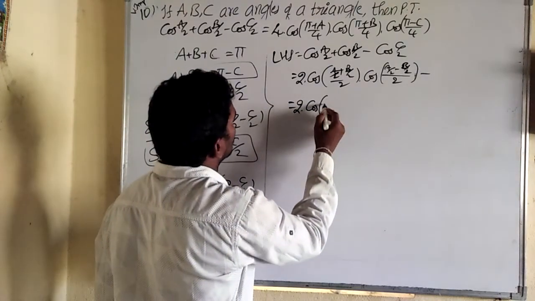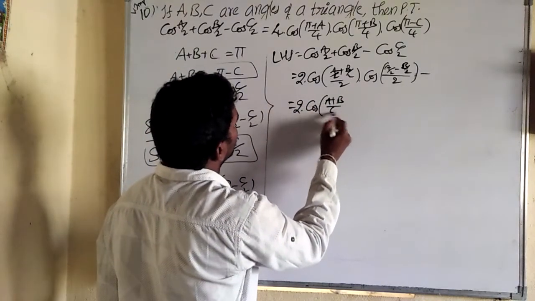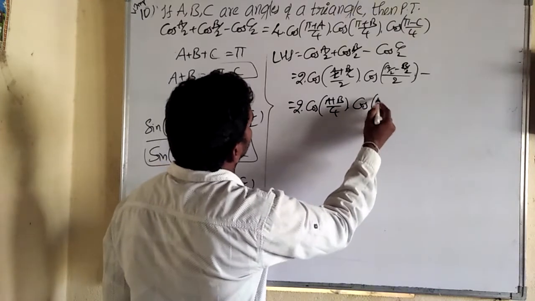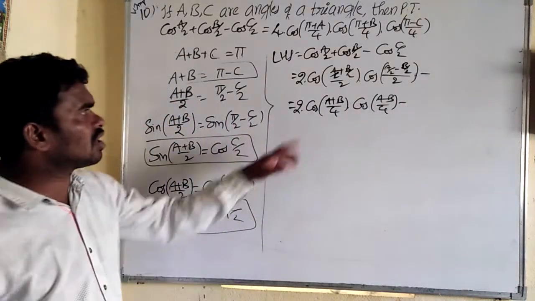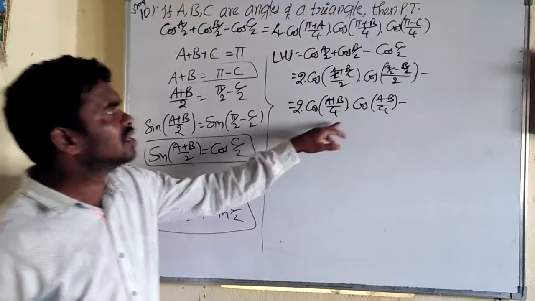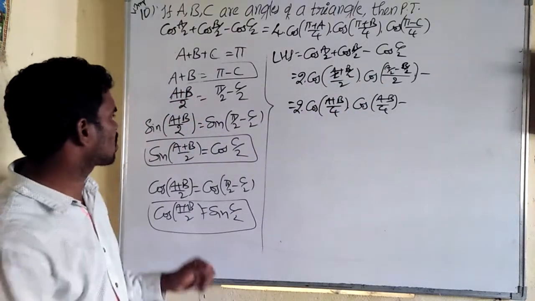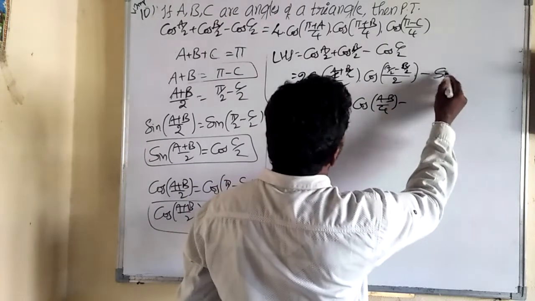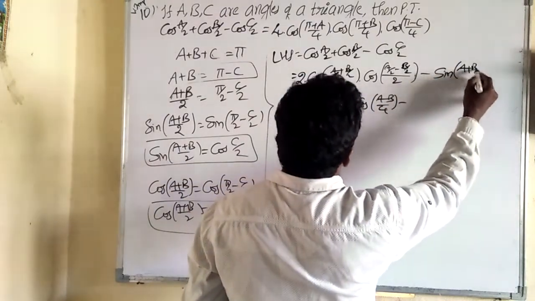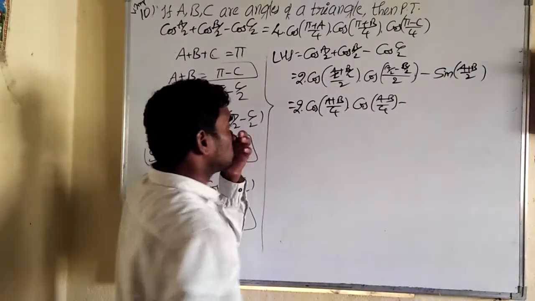So this becomes 2 cos (A+B)/4 into cos (A-B)/4 minus cos C/2. So here cos of (A+B)/4 is there. So cos C/2 means what? Sin (A+B)/2.